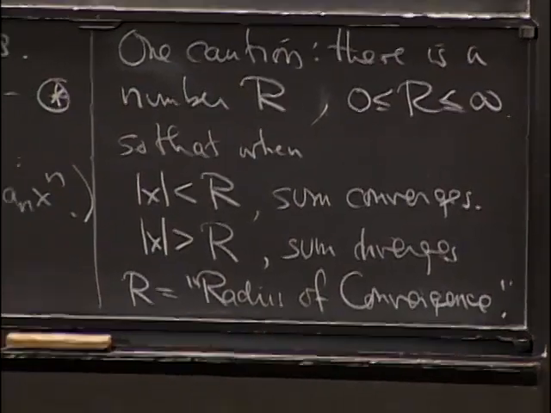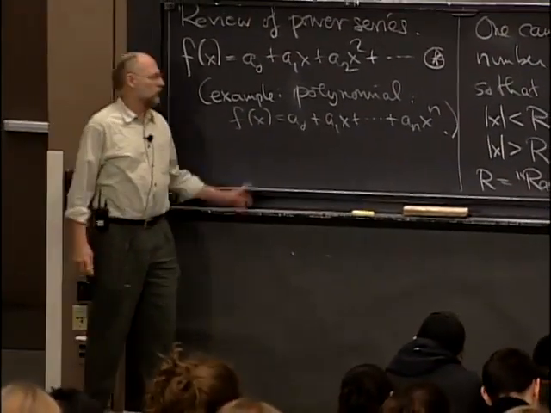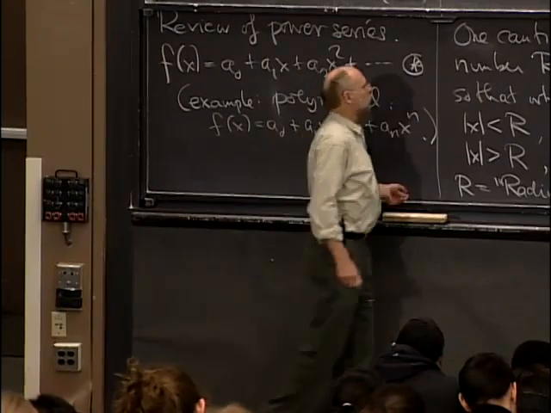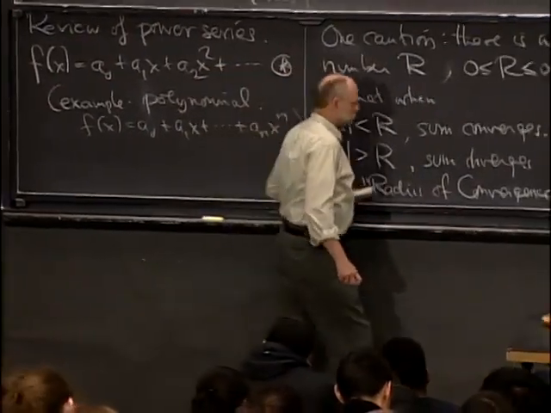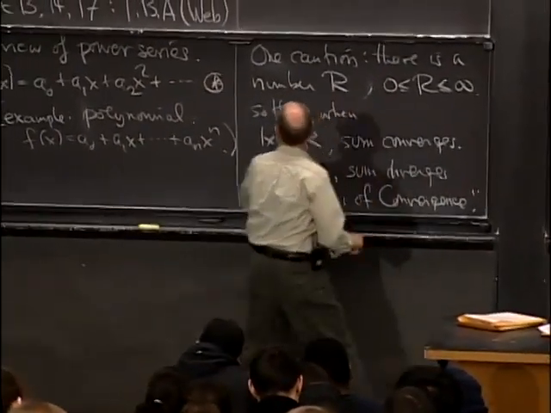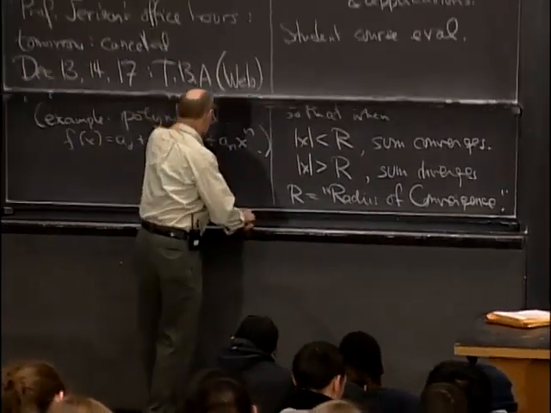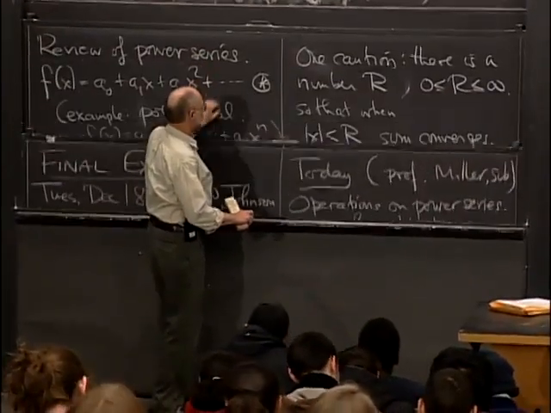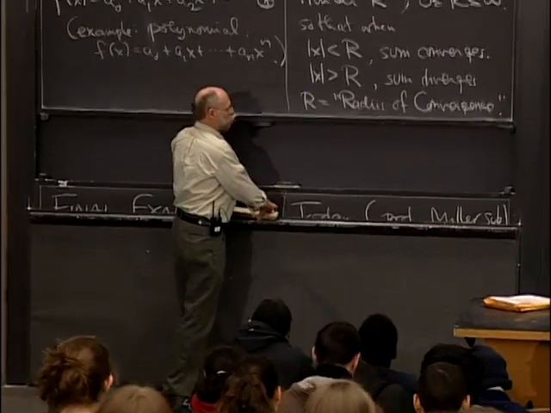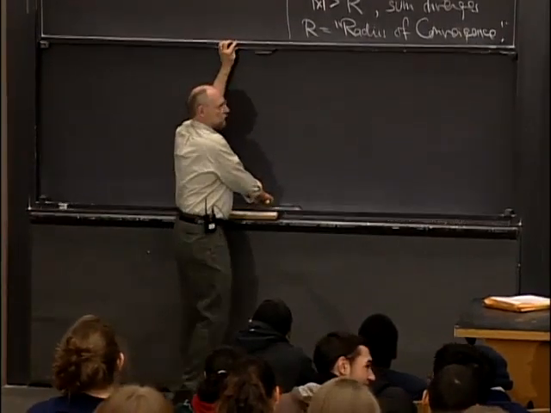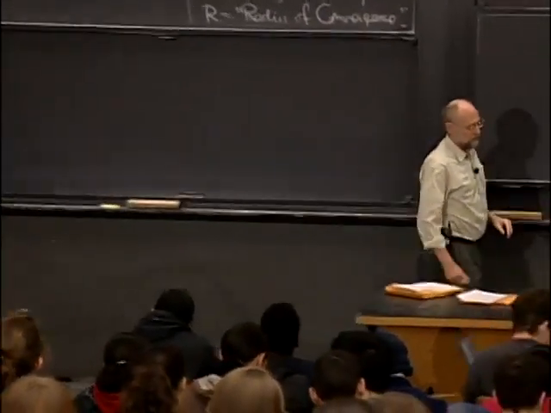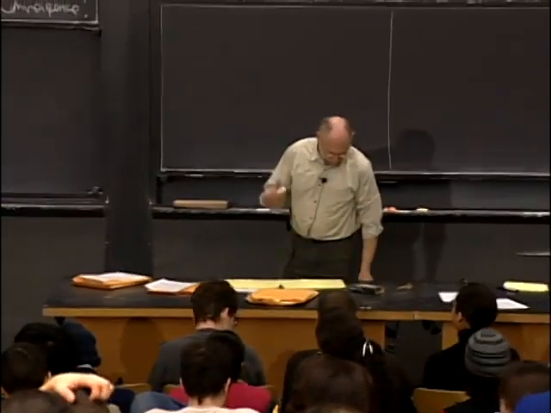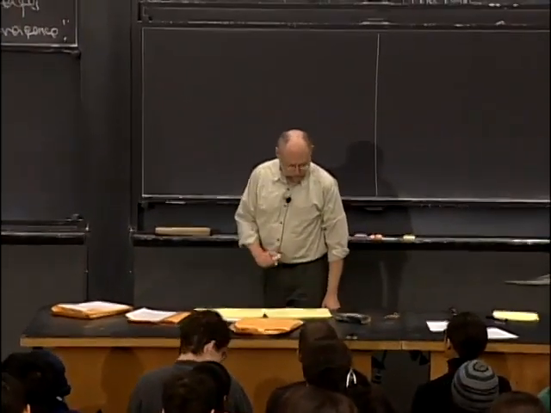So we'll see some examples of what the radius of convergence is in various power series as well, and how you find it also. But let me go on and give you a few more of the properties about power series, which I think that Professor Jarrison talked about earlier. So one of them is there's a radius of convergence.